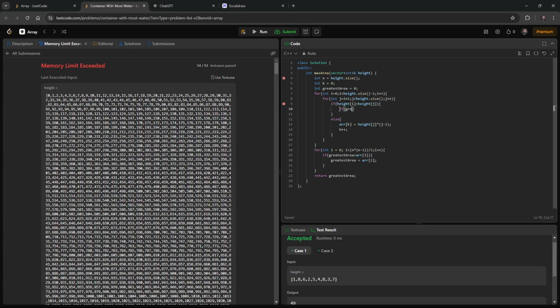If greatest area is smaller than our current area, then I can copy this again, paste it here and put an assignment sign here. So greatest area will get changed if the current area is greater.